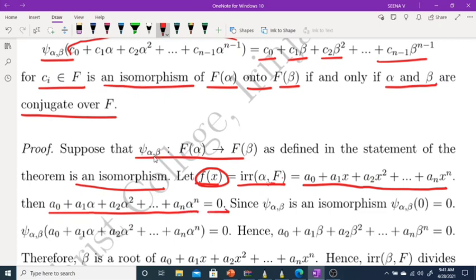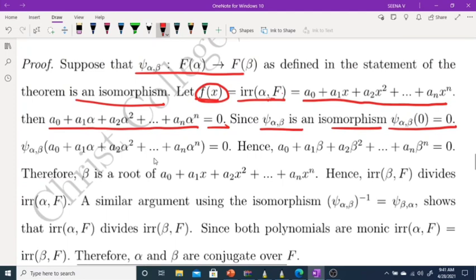Clear? Now psi alpha beta is an isomorphism, which means it is 1 to 1. So psi alpha beta of 0 must be equal to 0. For the left side 0, we are replacing this 0 by a naught plus a1 alpha plus etc. plus an alpha raised to n, which is equal to 0. Now you take psi inside.